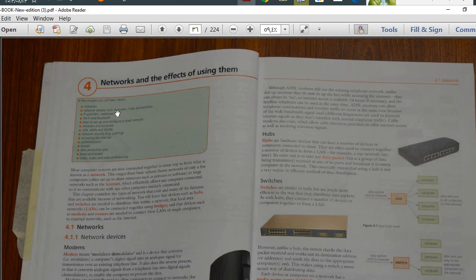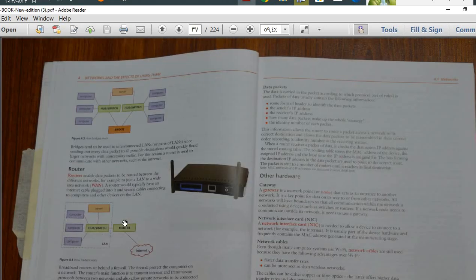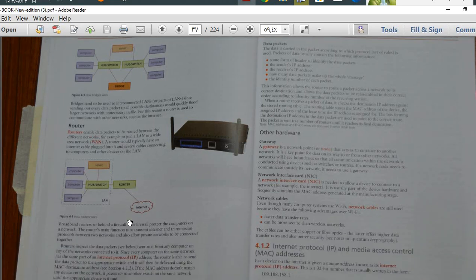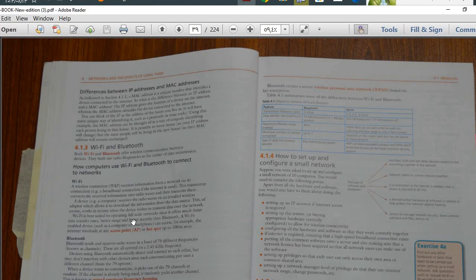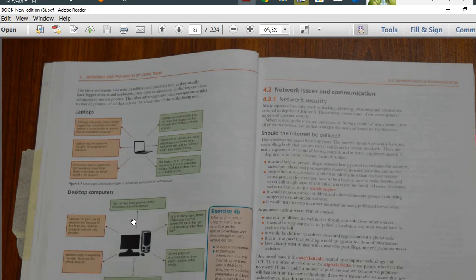Then in chapter 4 we will move to networks and the effects of using them. What are networks? Then network issues and communication.